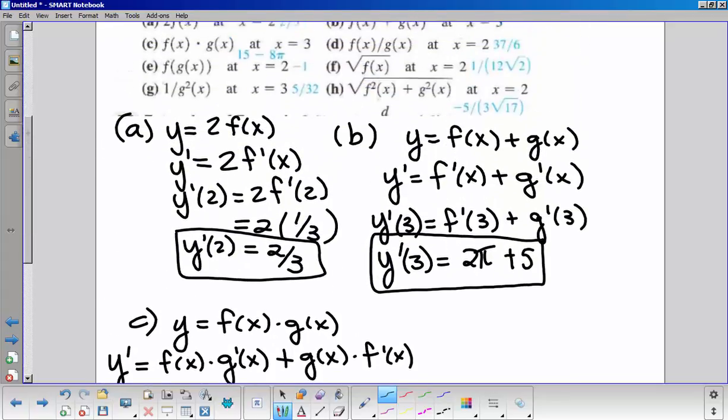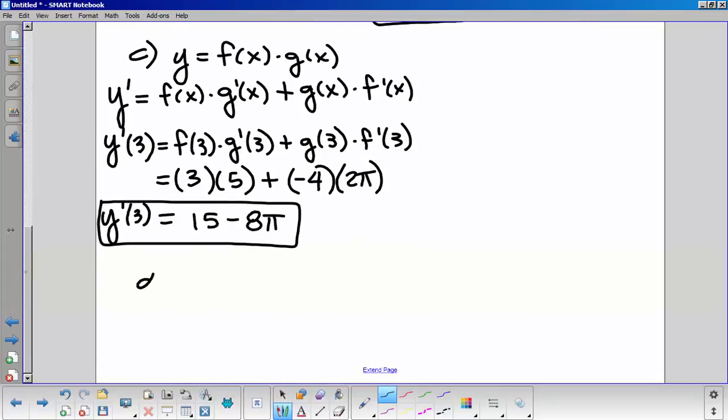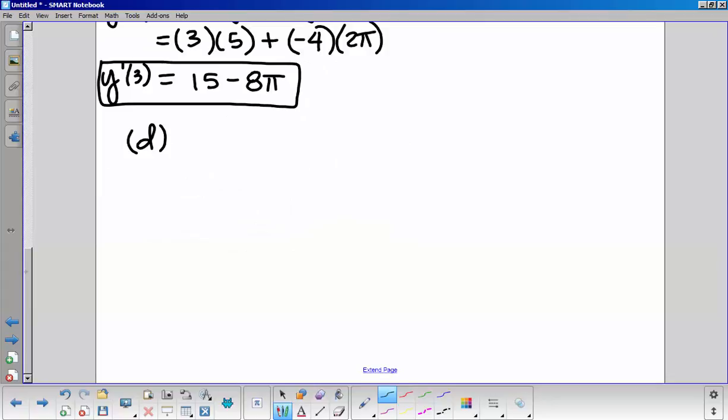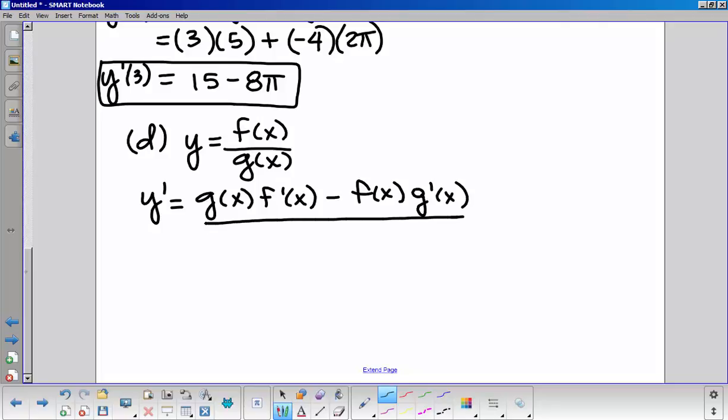Okay, D is the quotient, and we want that evaluated at 2. So we're going to let y equal f of x over g of x. And this is a quotient, so what rule do we have to use? Quotient rule. So y prime equals low, which is g of x, d high, f prime of x, minus f of x, g prime of x, all over g of x squared, or ho-ho.